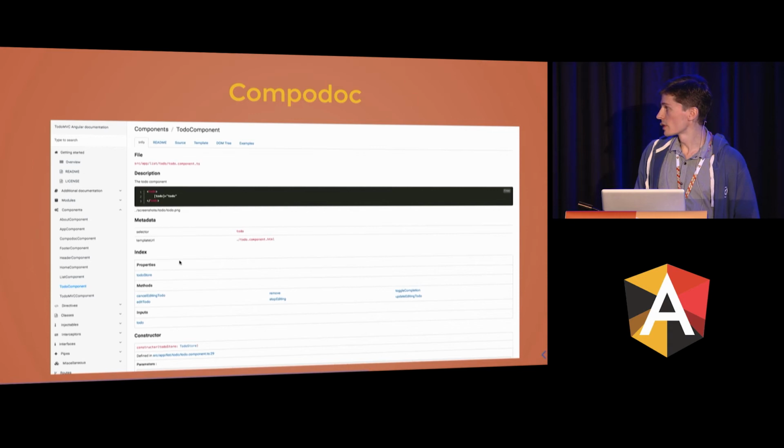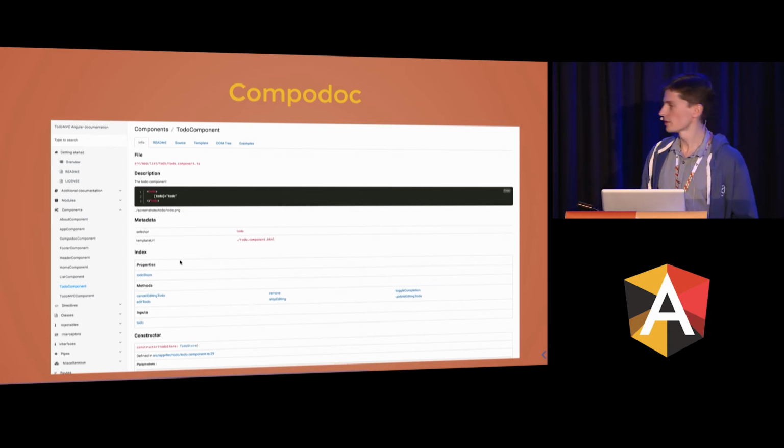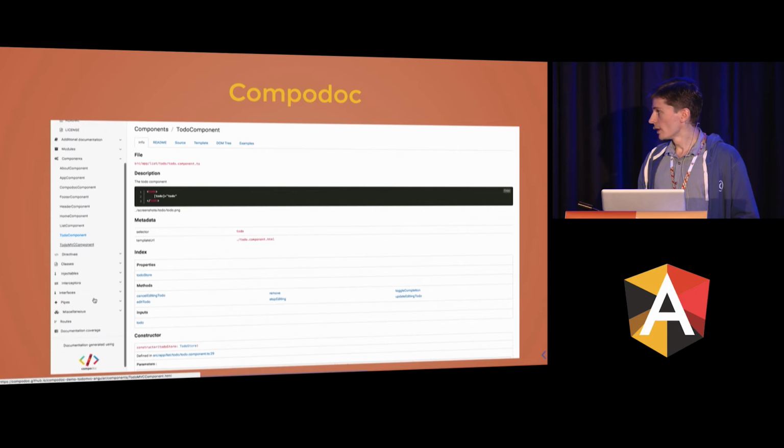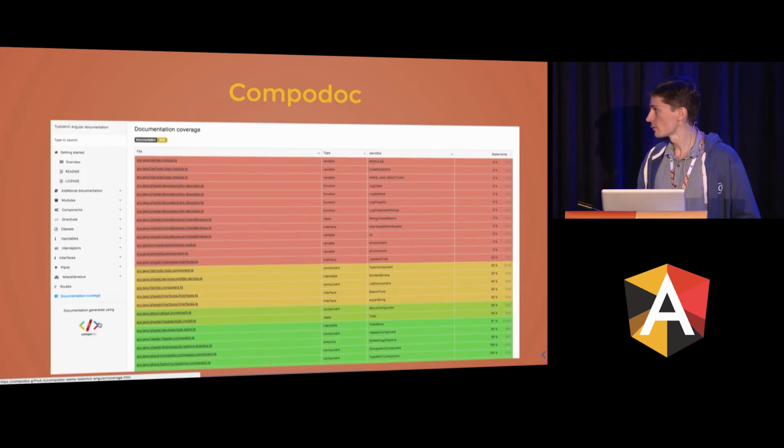You can have information about the metadata, the templates, the inputs, the outputs, all the internal Angular APIs you have in your code base, and external things like your directives, injectors, etc. And you also have a documentation coverage to see if you have correctly documented your code.